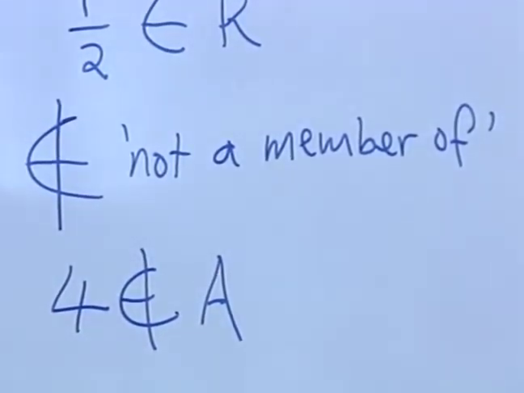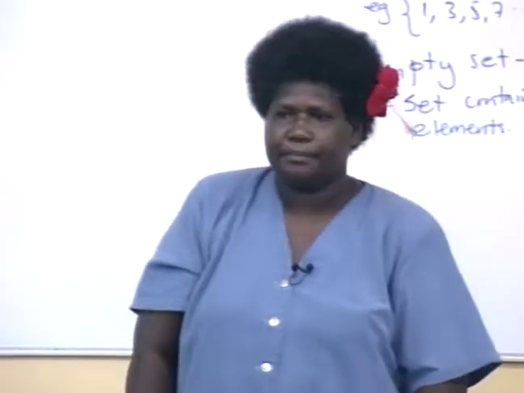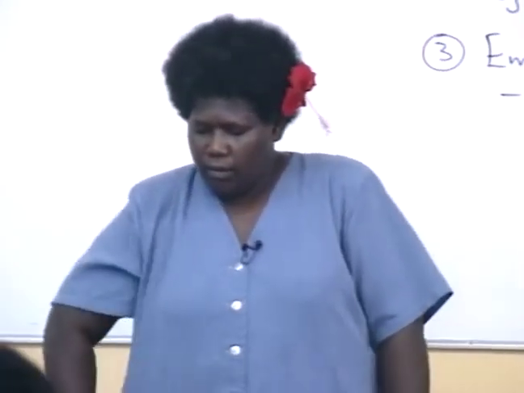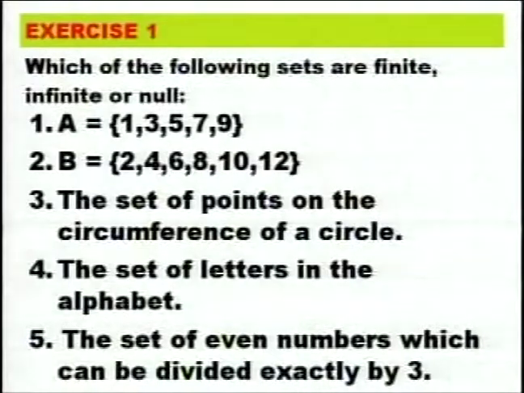Okay, now you are going to do an exercise. Exercise 1, all you have to do, and we are going to do this orally, is to find out whether the sets are finite, infinite, or null. Which of the following sets are finite, infinite, or null? Number 1, is the set in number 1 finite or infinite or null?